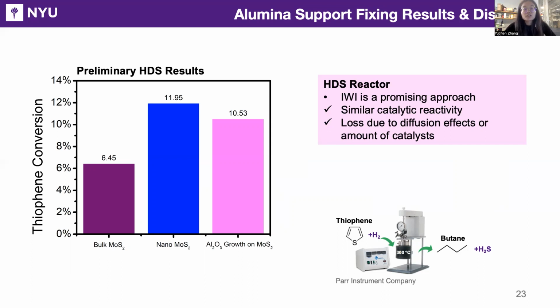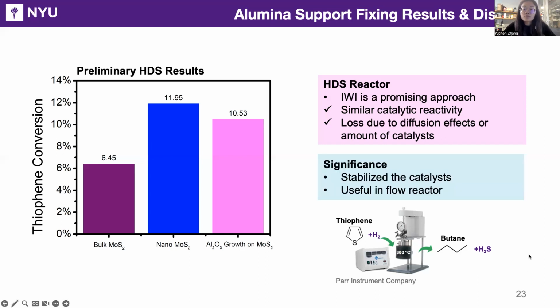But for time limit, we didn't do characterization methods such as ICP to confirm that. But the point here is to show the use of a support to make the nanoparticles more stable, and the conversion might go down.